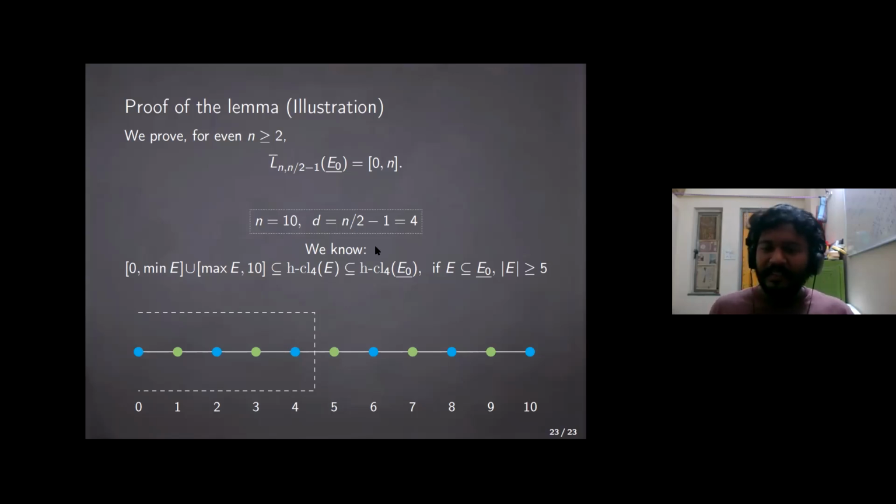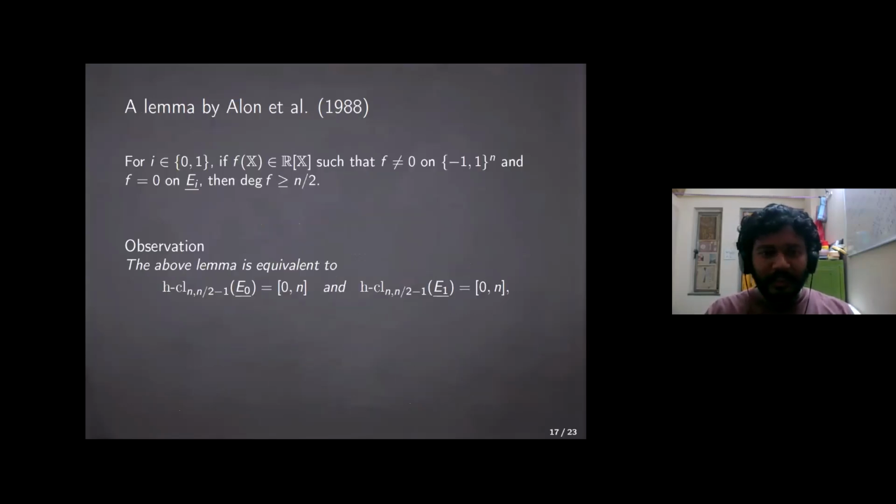So it turns out that for symmetric subsets, I have not proved it here, but it's a fairly straightforward proof. For symmetric subsets, for any degree, the hyperplane closures coincide with Zariski closures. And which is why, in fact, the alternate proof of Alon's lemma works, because I did jump the gun here at this point.